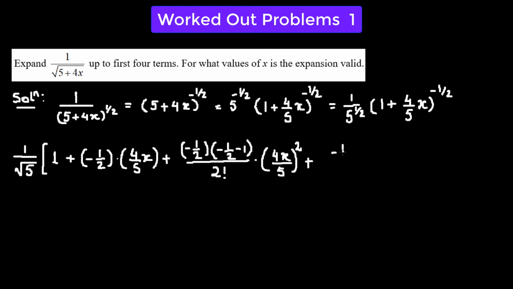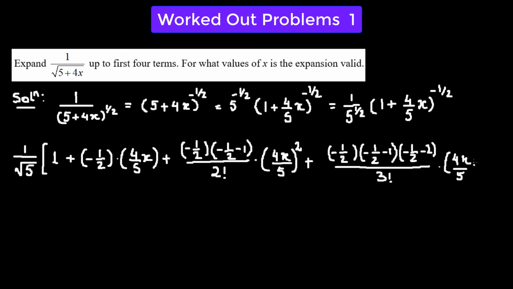So we'll have n, which is negative half, times n minus 1, times n minus 2, divided by 3 factorial times 4x over 5 whole raised to the power 3, plus the remaining terms.